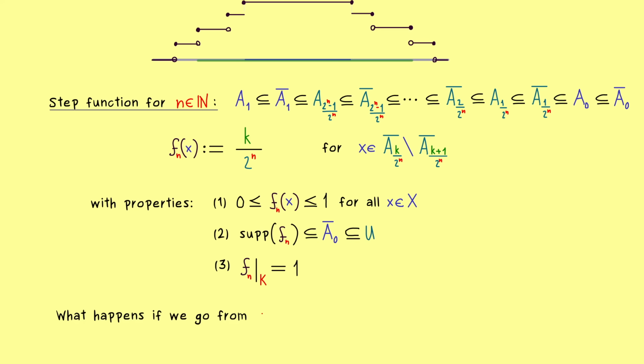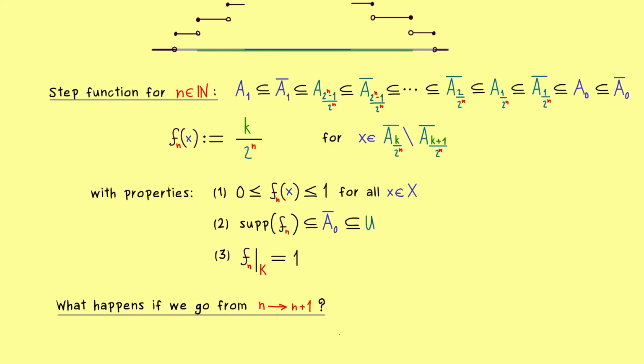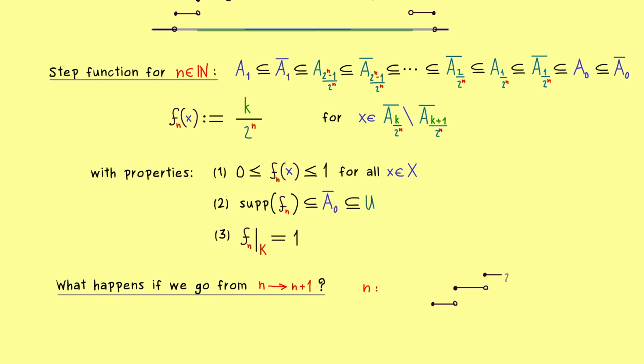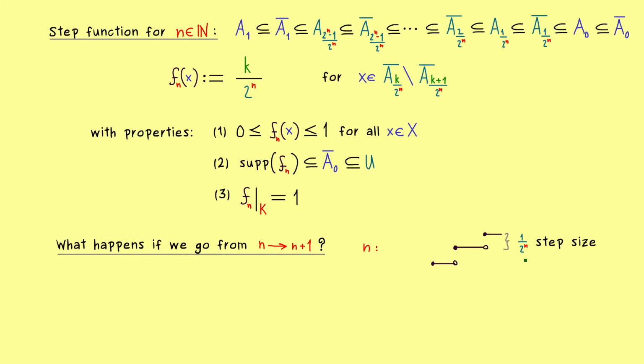And to calculate this limit process, we should first look what happens when we go from n to n plus 1. Actually, we already saw that in the examples above, but it's still good to write it down. So you see, if we have the index n, we have the step size 1 over 2 to the power n. And then if we go to n plus 1, we know that the step size gets smaller, by a factor 1/2.